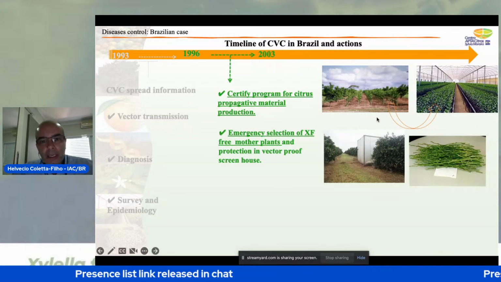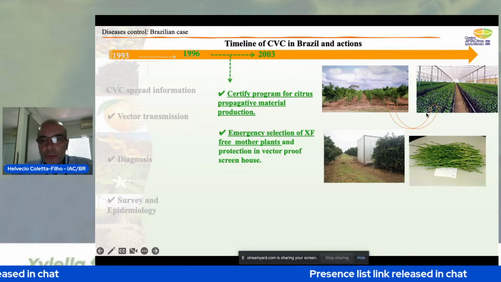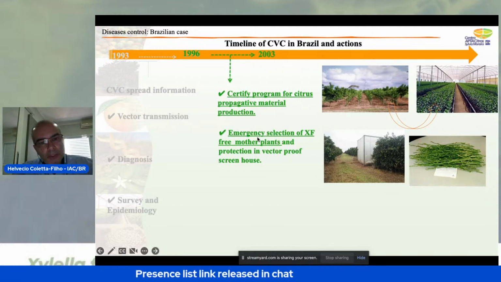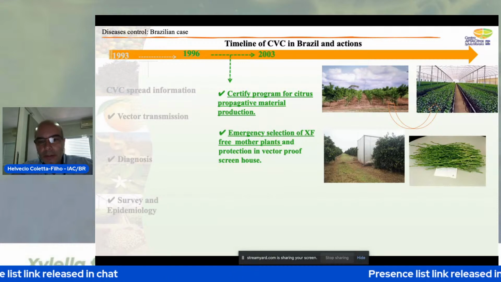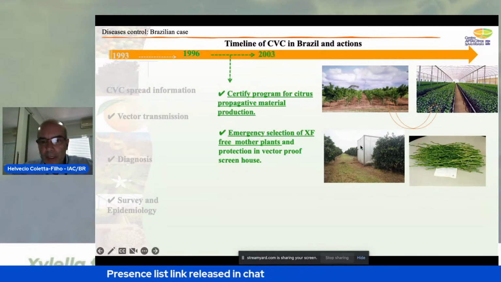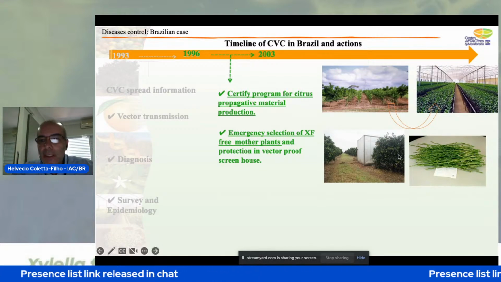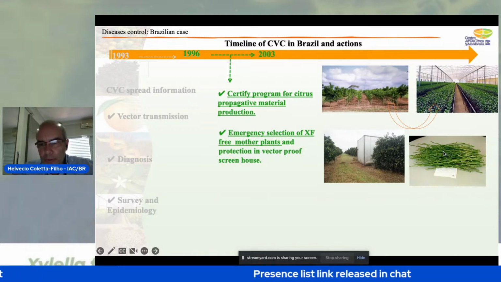But at that time you needed material to introduce into the greenhouse, so an emergency selection of pathogen-free mother plants was started in the field. You selected good plants and did several diagnostic analyses, testing branch by branch, to select the budwood.